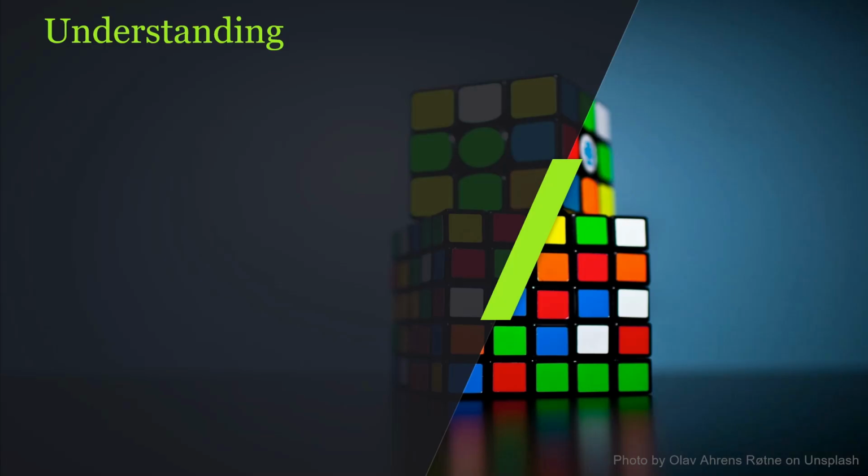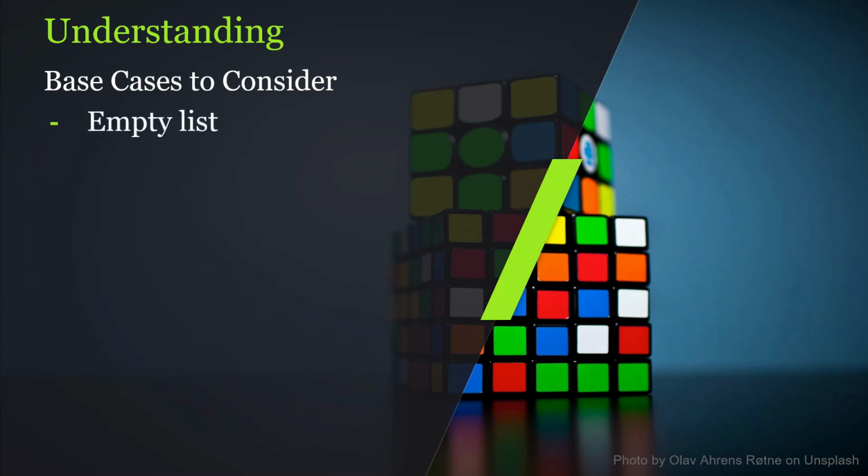All right, now that we've worked through the problem a little bit on paper, we want to kind of formalize our understanding. So in order to do that, we want to make sure we know what base cases to consider. And so for this problem, obviously there's the base case of the number of elements in the list. There's if we have the empty list, and if we have a list with 1 element.